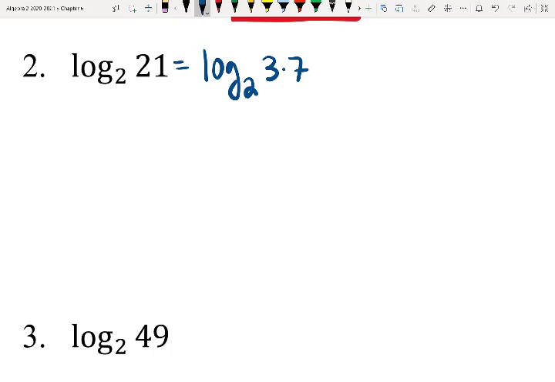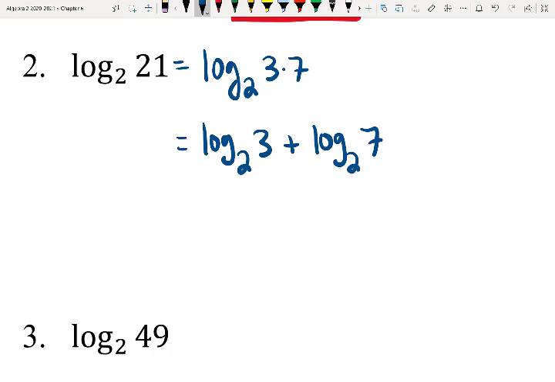Once I have that set up as a multiplication, if we look back at our product rule in box 1, that means I can rewrite this as log base 2 of 3 plus log base 2 of 7. Because if I have a multiplication happening inside my log, I can expand that as the sum of those two separate logs.